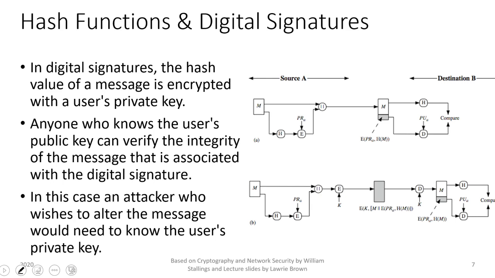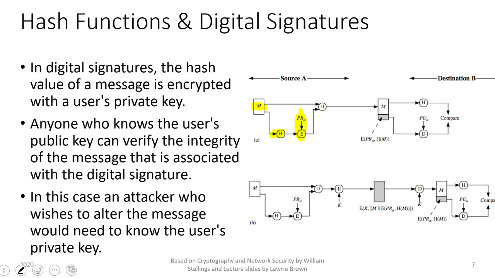But in the case of digital signatures, the hash value of the message is normally encrypted using the user's private key. So what we do when we do digital signatures is we take the message, we generate a hash, and then we encrypt the hash with the private key.